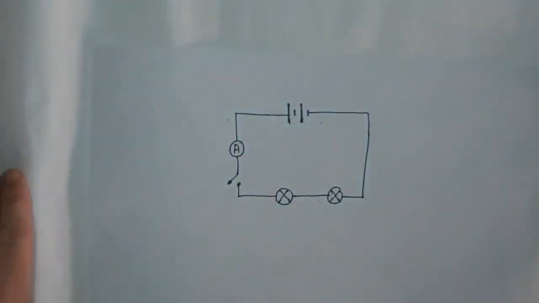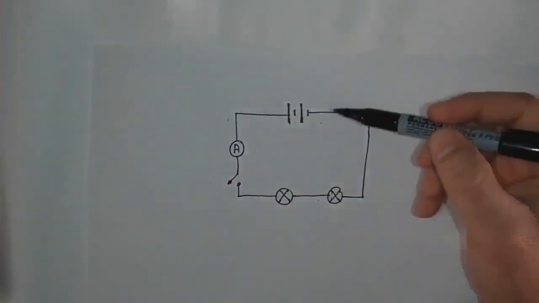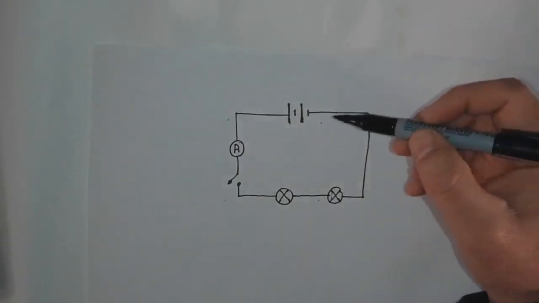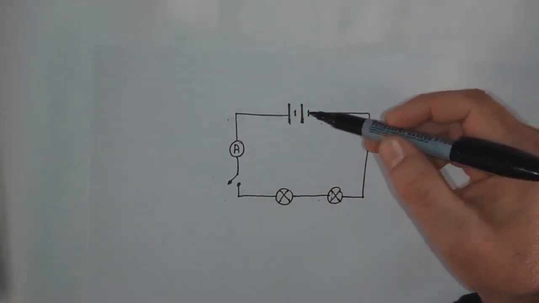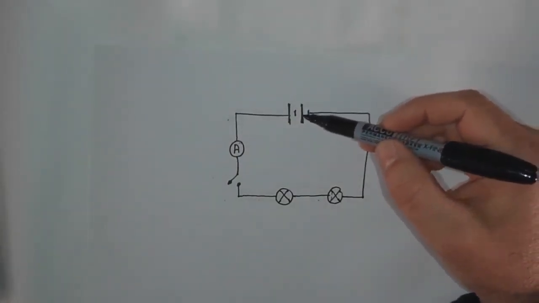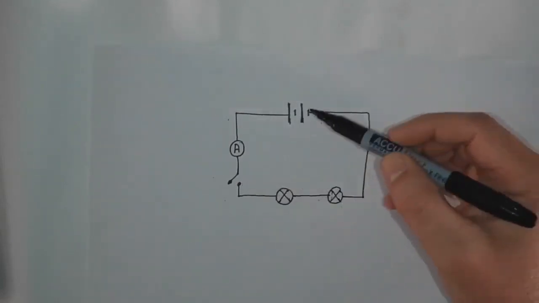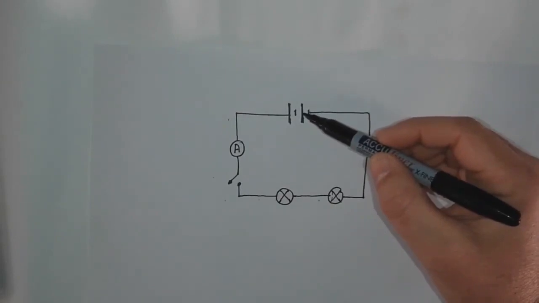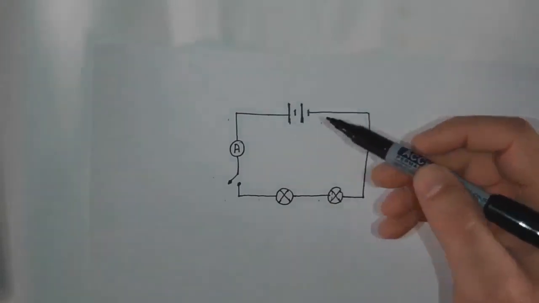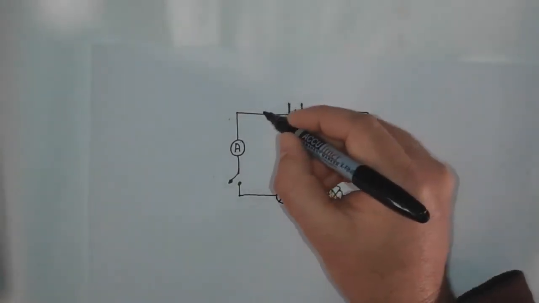Right, now what is the function of the cells and the batteries? These are sources of chemical energy. And what happens is this chemical energy, when we close the switch, the chemical energy is converted to electrical energy. And then the current can start to flow. I'm just going to indicate it with an arrow.